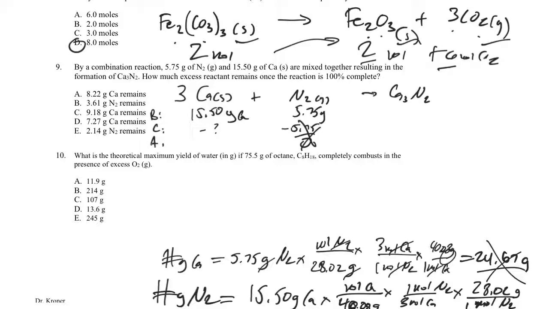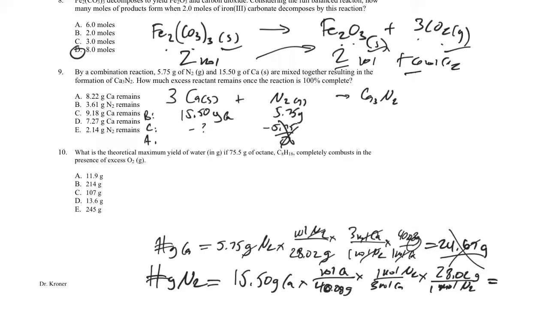Okay, so if we do this math, 15.5 divided by 40.08, divided by 3, times 28.02, what that means is that I will consume 3.61 grams of N2 if I fully react 15.50 grams of calcium with it.